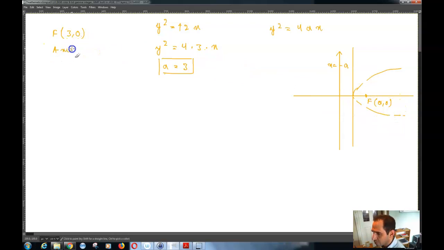The axis would be the x-axis, which is y is equal to 0, and then the equation of the directrix.